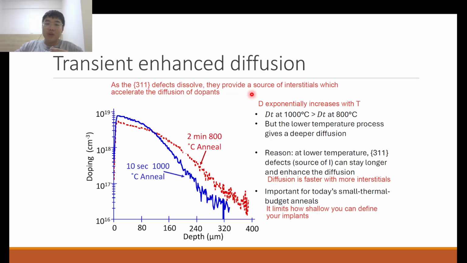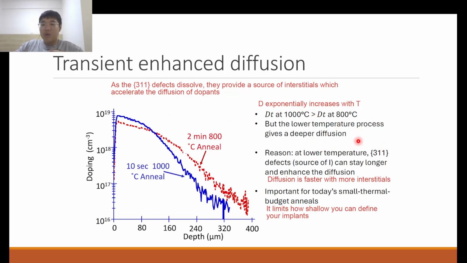For example, we know that Dt, which is basically a constant that defines how fast the diffusion of the dopants occurs, at 1000 degrees Celsius should be greater than Dt at 800 degrees Celsius. However, we realize that the lower temperature process gives a deeper diffusion. Why?